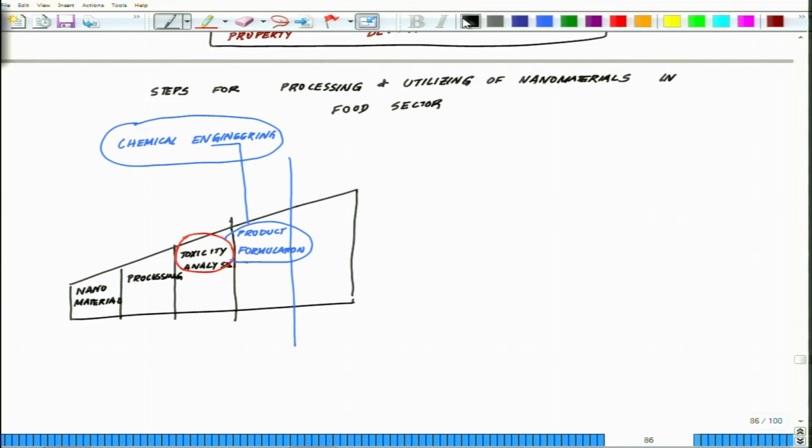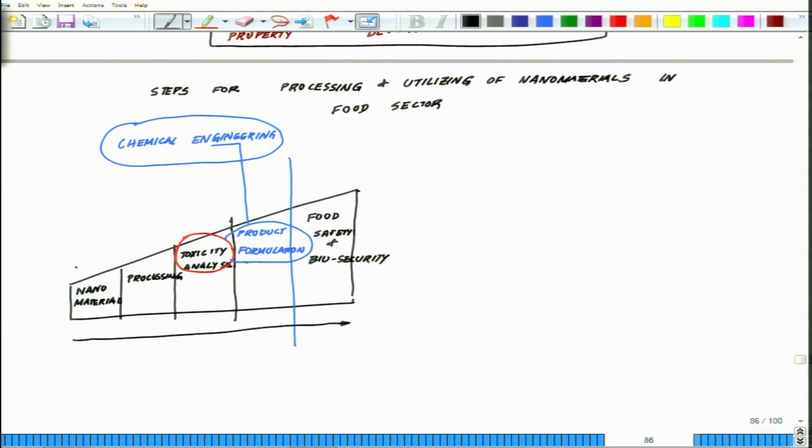Okay. So, next in line is food safety and biosecurity. So, these are the initial steps, and this chart will continue as we move through.